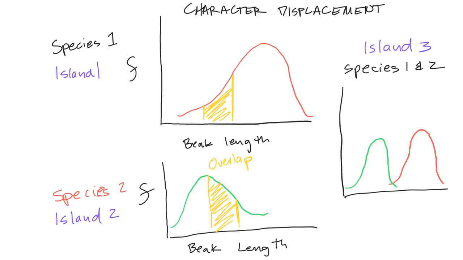When in the presence of a species that has some sort of overlap in resource use, the competition will result in a change in the traits so they no longer compete. That's because species 1 is better at utilizing seeds that are bigger, species 2 is better at utilizing seeds that are smaller, and those intermediates are going to be replaced.